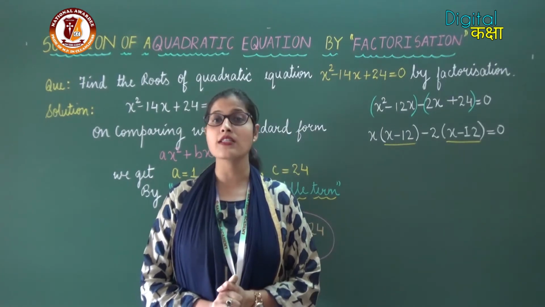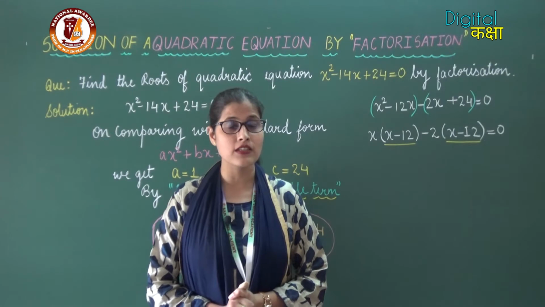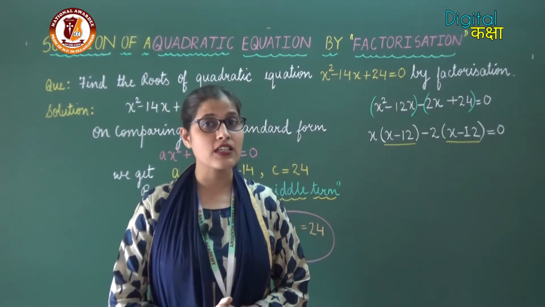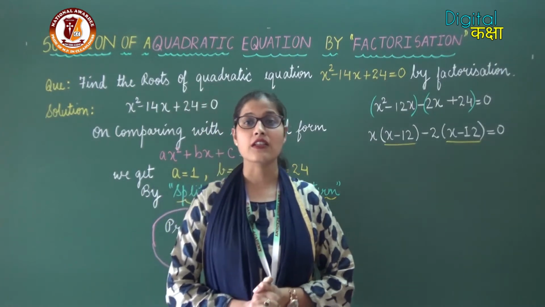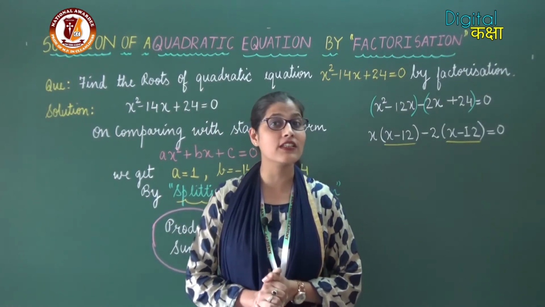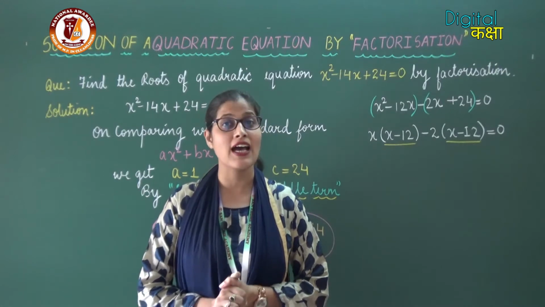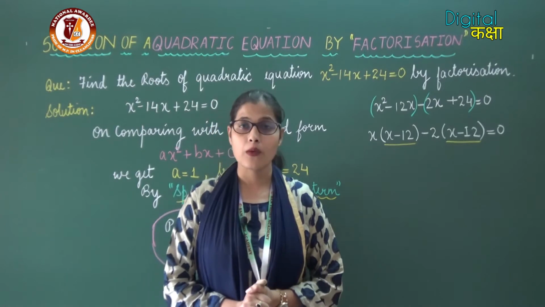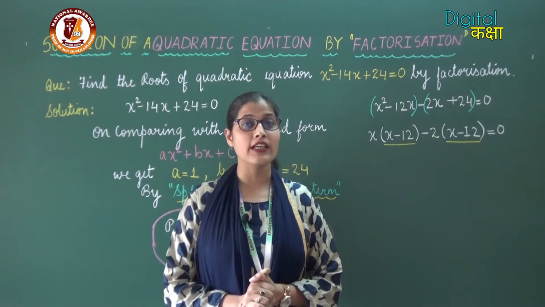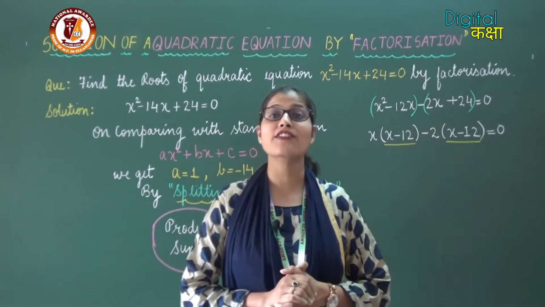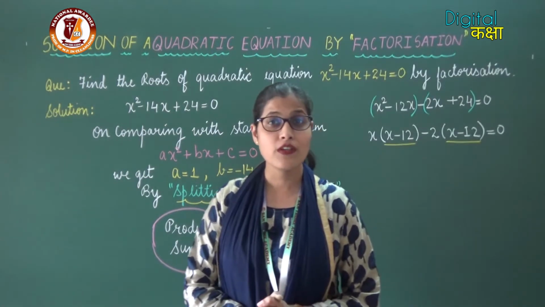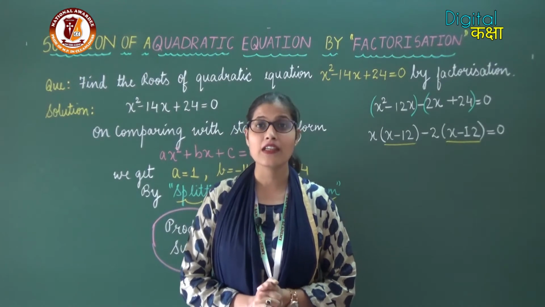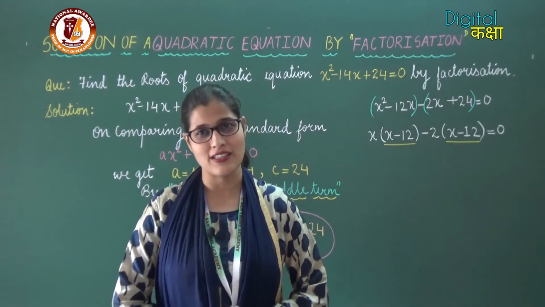The first one was the factorization method. The second one is by using the quadratic formula, and the third one is by the completing the square method, which has been omitted by CBSE. Now, we will be learning today about the factorization method of solving the quadratic equation to get its roots or solution.